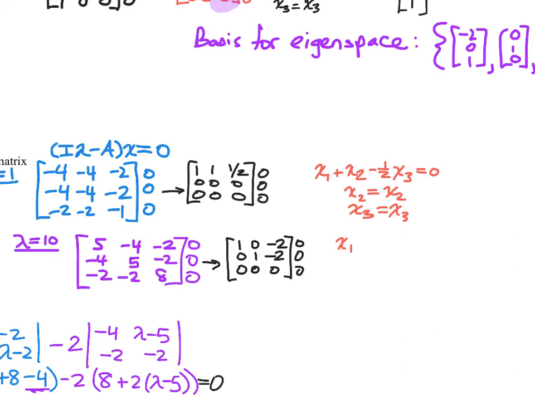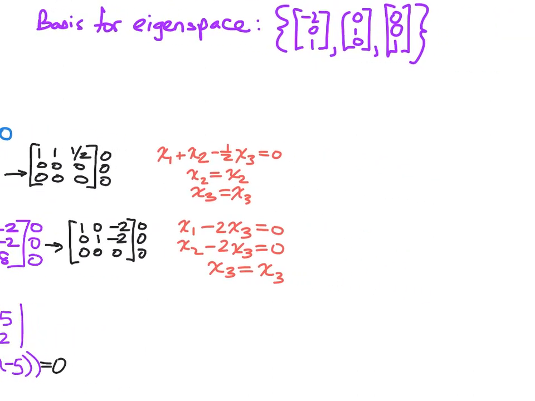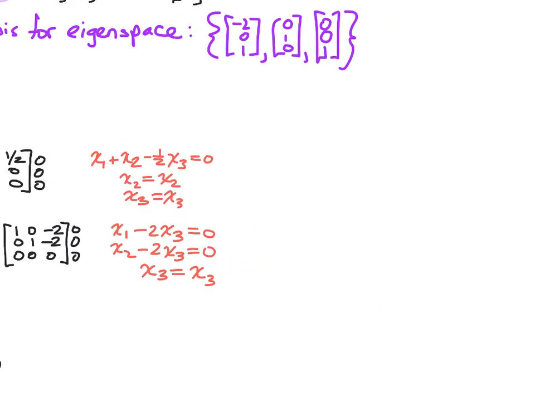x1 minus 2x3 equals 0. Bless you. x2 minus 2x3 is equal to 0. And x3 is equal to x3. All right, so we're going to solve. Isolate the x1. That's really the only one we have to manipulate.